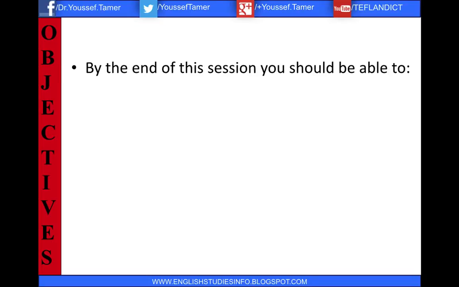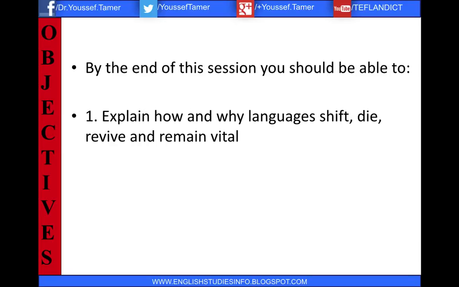By the end of this session, you should be able to explain how and why languages shift, die, revive, and remain vital. These are some of the concepts we will talk about when speaking about language shift and language death.